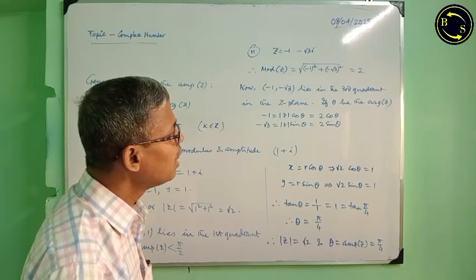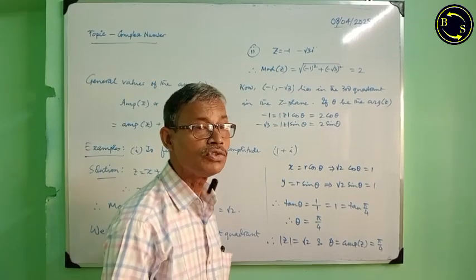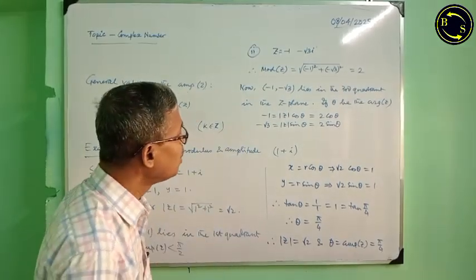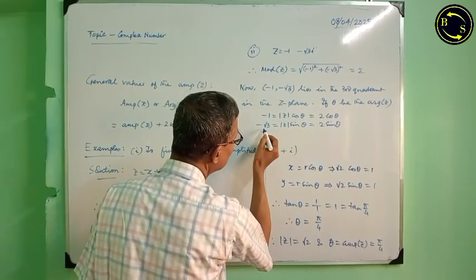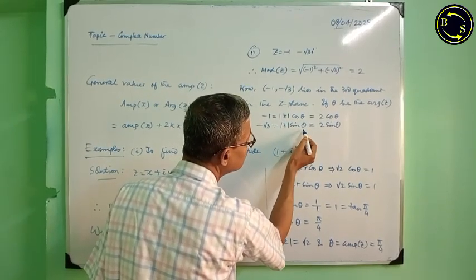If argument z or amplitude z be theta, then x equals mod z cos theta, y equals mod z sin theta.